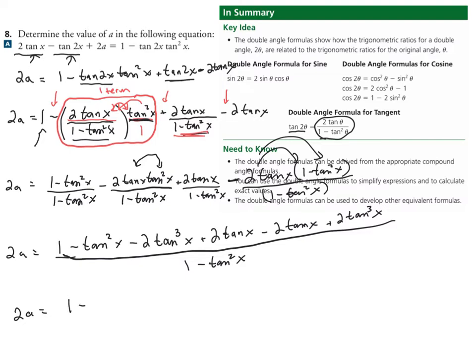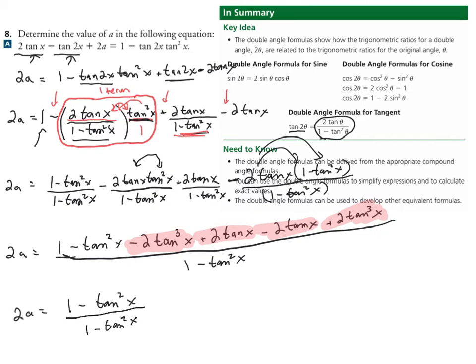We've got our 1 minus tan squared x, and then we have minus 2 tan cubed x plus 2 tan cubed x. Well, those cancel out to 0. And we have plus 2 tan x minus 2 tan x, and those cancel out. So we're done. It's just 1 minus 2 tan squared x on the top. And that's over 1 minus tan squared x on the bottom.